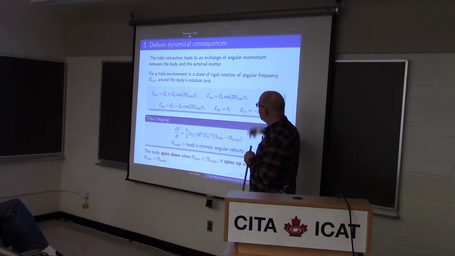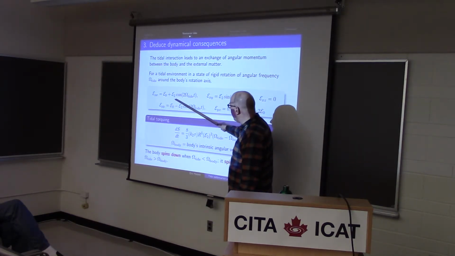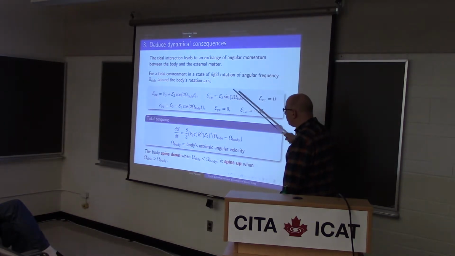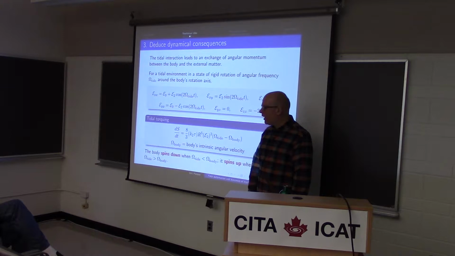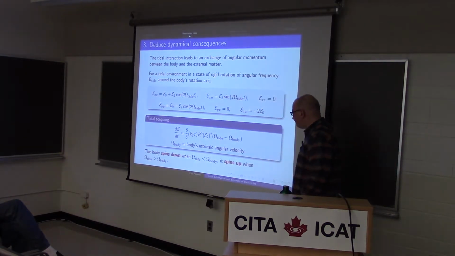If you make this assumption of fixed angular rotation, then you can work out the components of your tidal field, and you find that some are actually fixed in time, some oscillate at twice that frequency. And when you plug that into your big formalism to calculate the rate of change of angular momentum in your body, you find an equation like this.